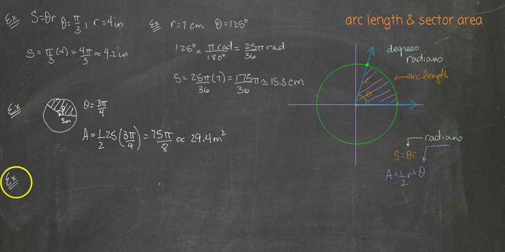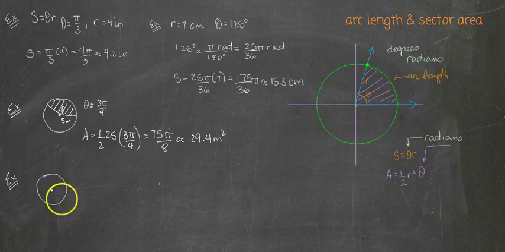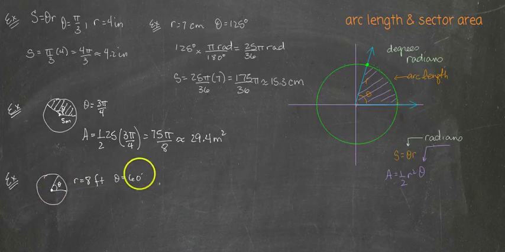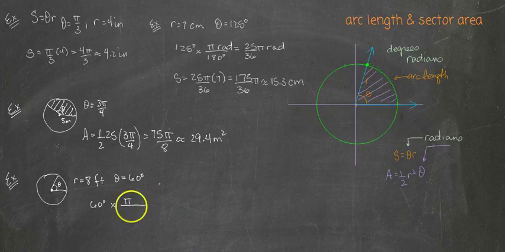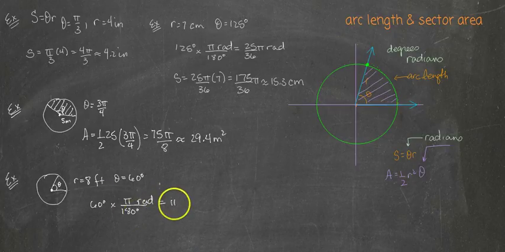All right, this time let's do one that starts in degrees. Another circle. Radius is 8 feet, and the angle is 60 degrees. We want the area again. So first I have to convert 60 degrees to radians. Well, 60 divided by 180 is pi over 3 radians.